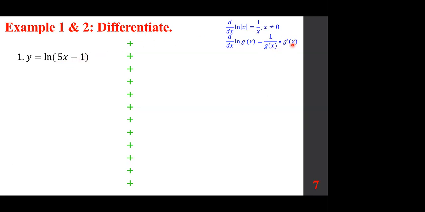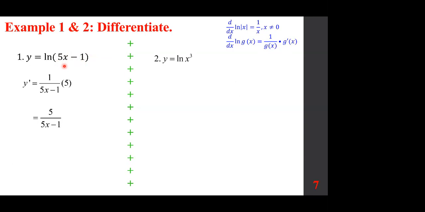And by the chain rule, we need g prime. We need the derivative of the parentheses, which is 5. And we just rewrite it. And we are done. Flip it over, multiply by the derivative of its argument.